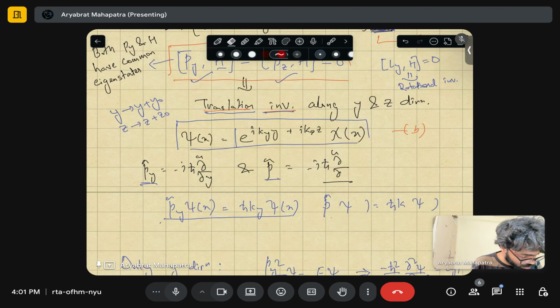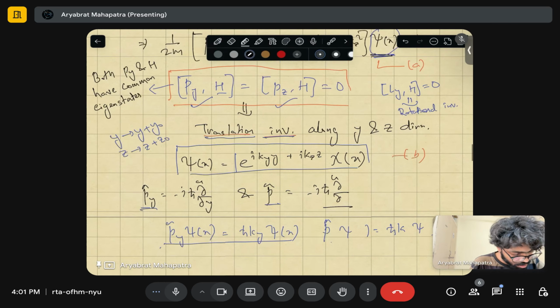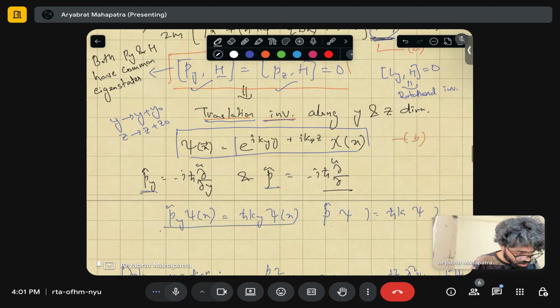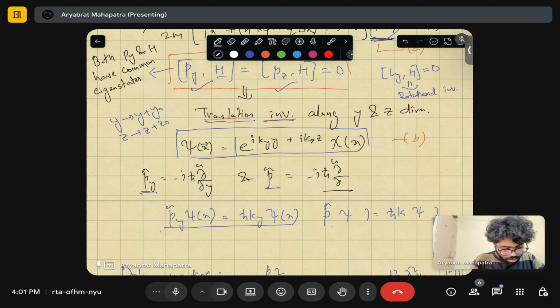Yeah, so this is x, and you can also write this thing as psi x y z.